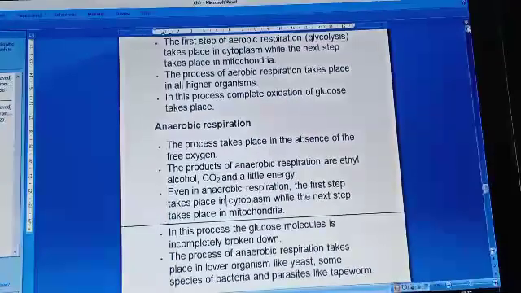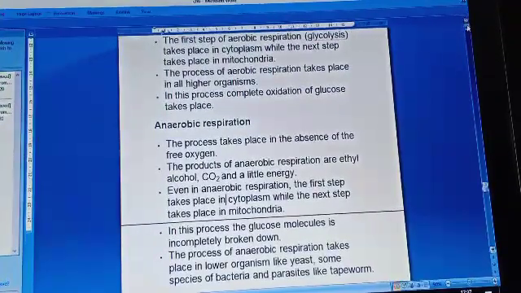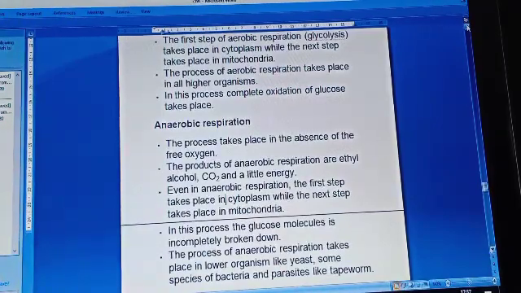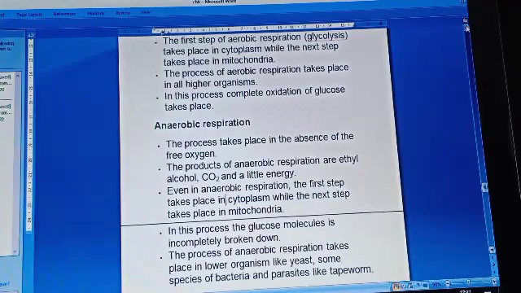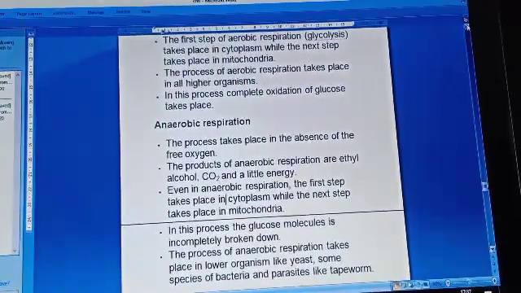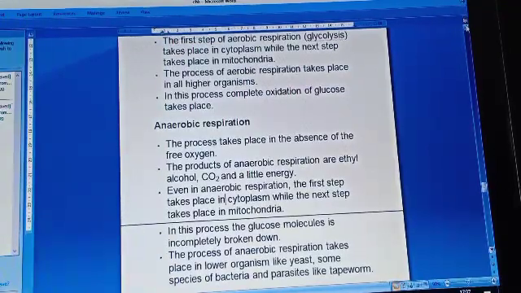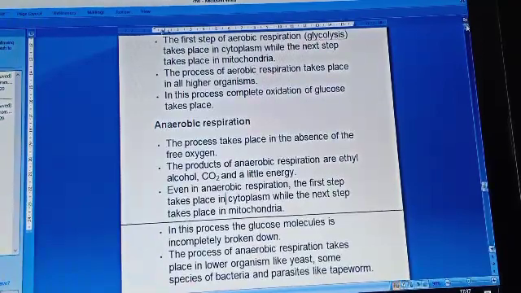The next difference is that in aerobic respiration there is a complete breakdown of the glucose, whereas in anaerobic respiration an incomplete breakdown of the glucose occurs. So you can say that the amount of energy formed in anaerobic respiration is quite less than in aerobic respiration.